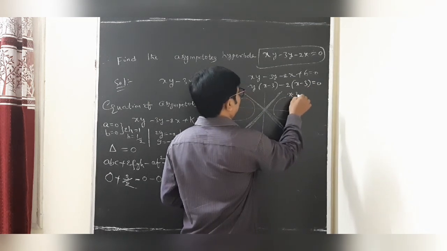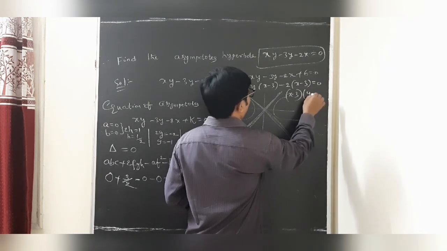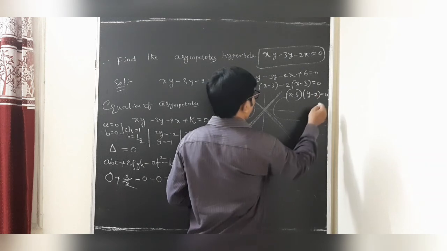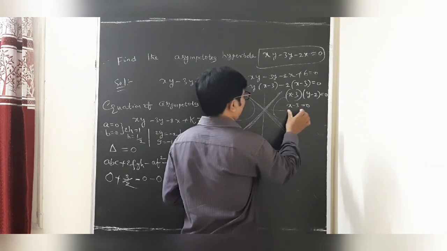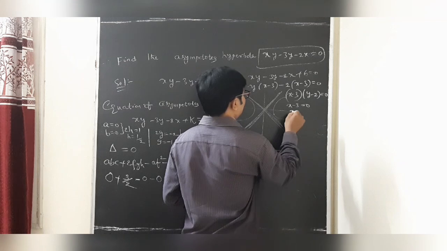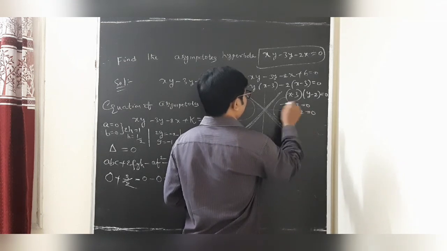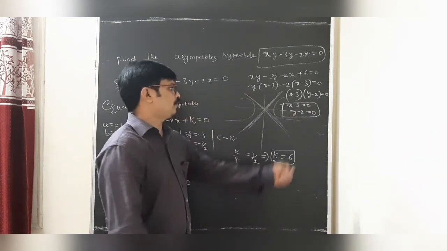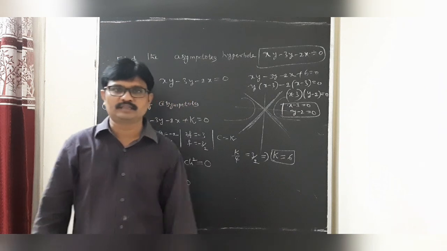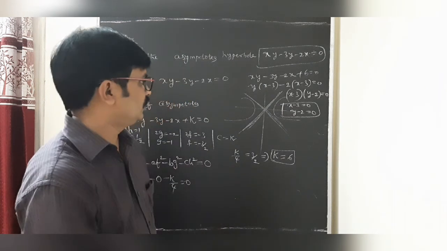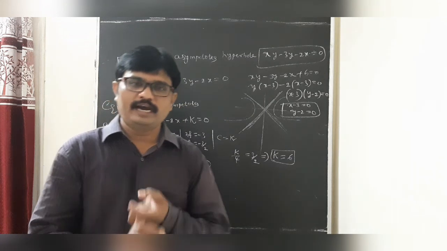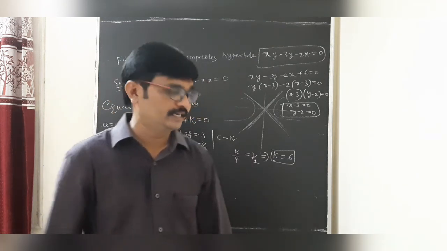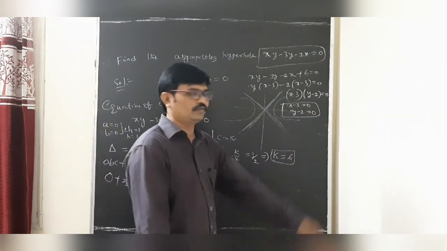So the common term is x minus 3, and the equation is x minus 3 into y minus 2 equal to 0. So x minus 3 equal to 0 is the first line and y minus 2 equal to 0 is the second asymptote. The point of intersection of these two is nothing but the center. Here x equal to 3, y equal to 2, so the center is (3, 2), and the asymptotes are x equal to 3 and y equal to 2.